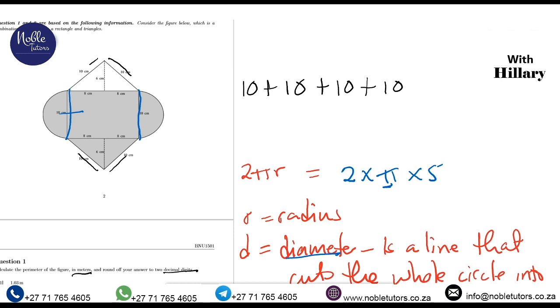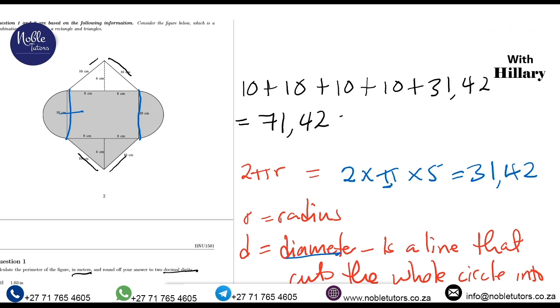So then this will give you 31.42, which you are going to add here, plus 31.42. This then becomes 71.42 centimeters.